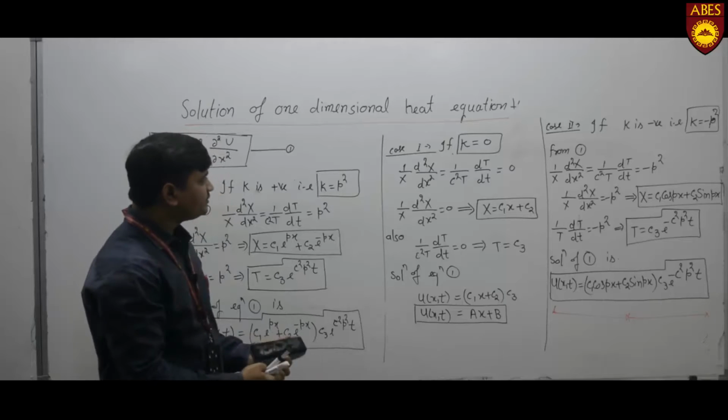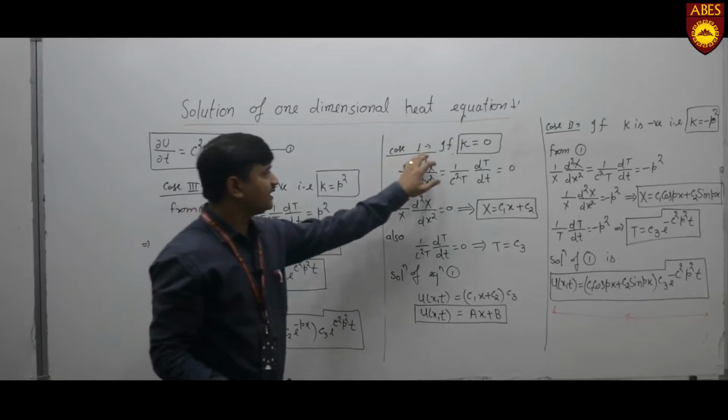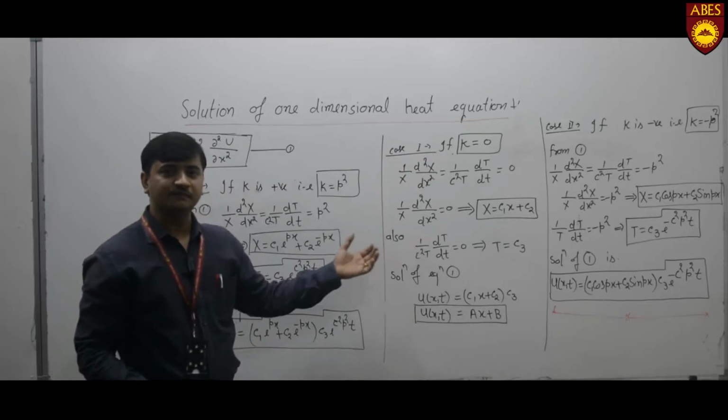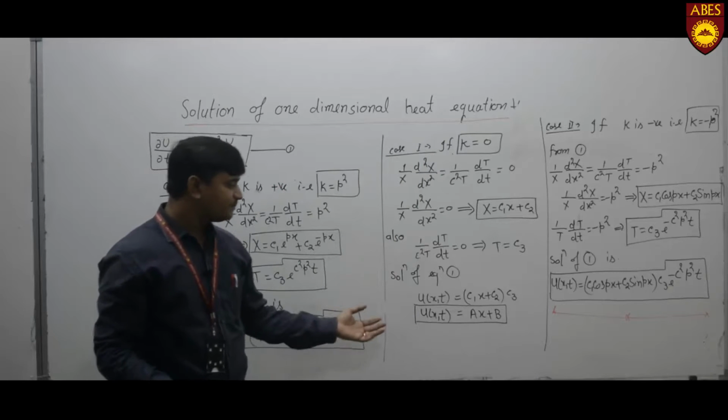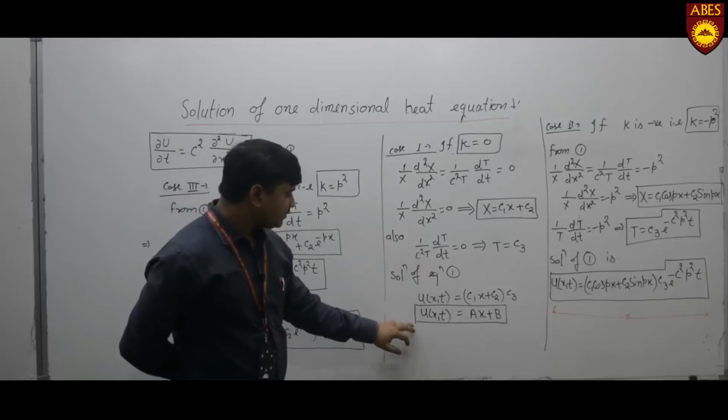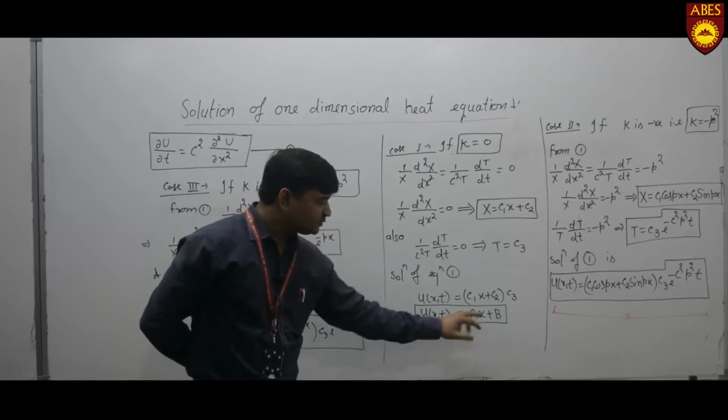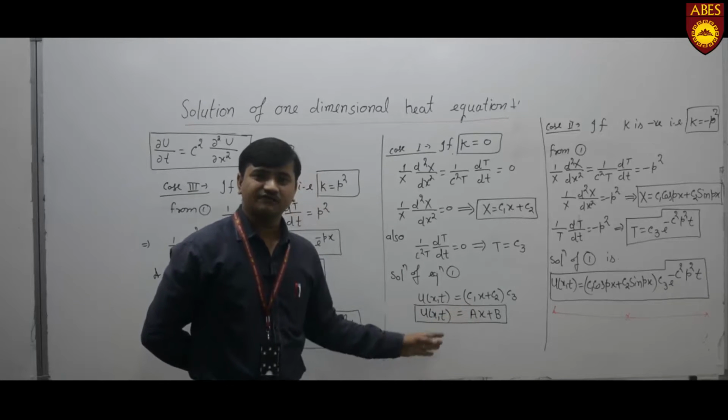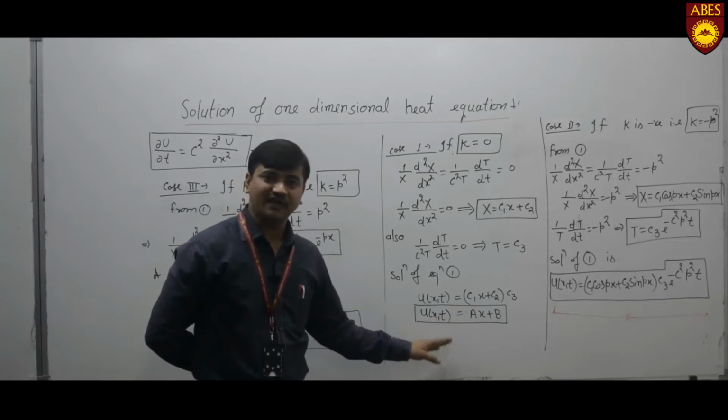Now I would like to mention one more thing. Case number 1 is also of certain importance. Case number 1 simply denotes that u(x, t) equals ax plus b, that is, it is not a function of time.